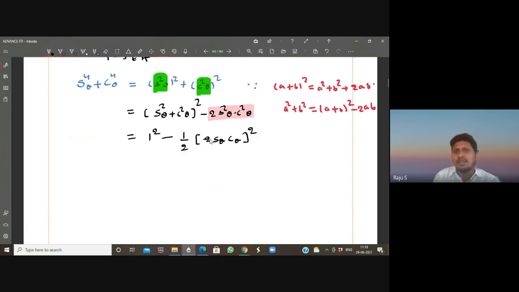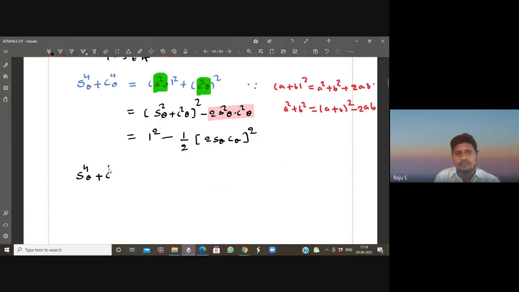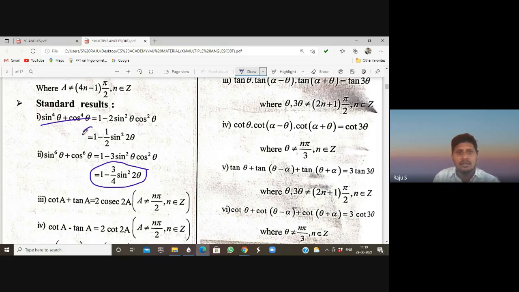What is this formula, students? 2 sin theta cos theta is sin 2 theta. So finally we got 1 minus 1 by 2 times of sin 2 theta the whole square, which can also be written as 1 minus 1 by 2 sin square 2 theta.